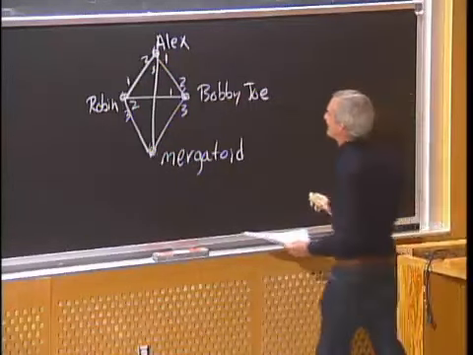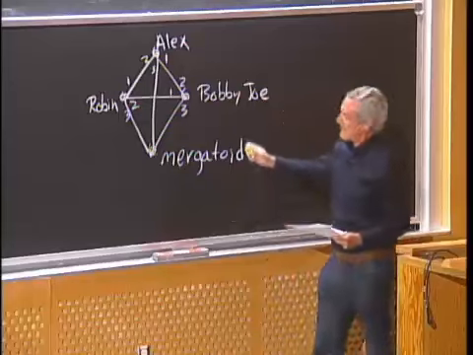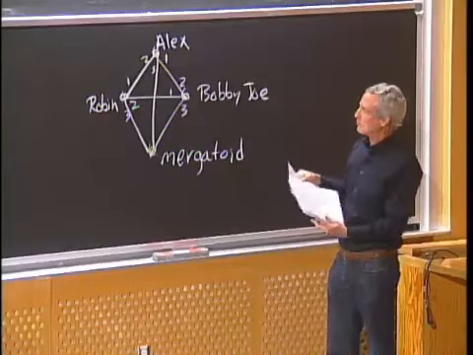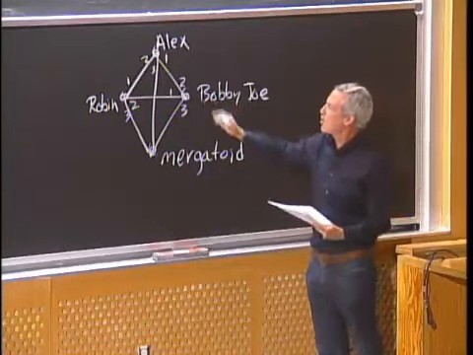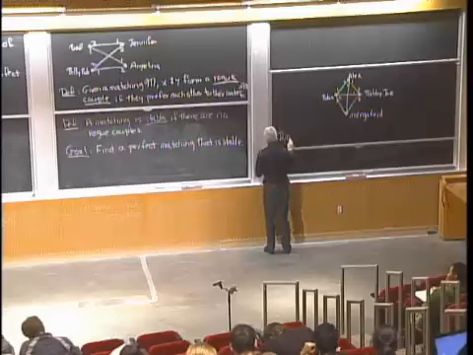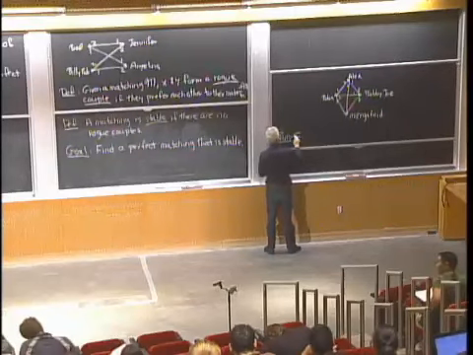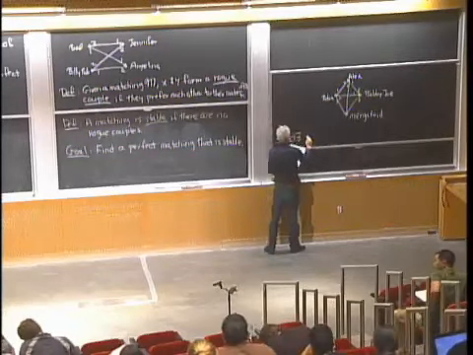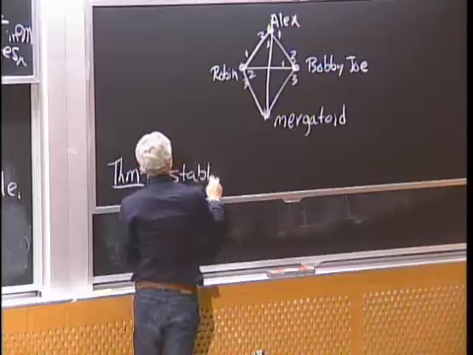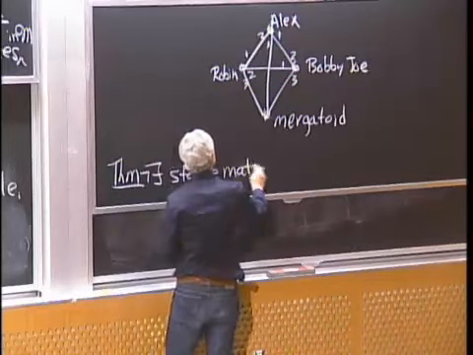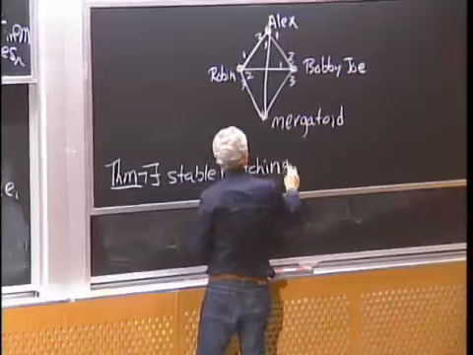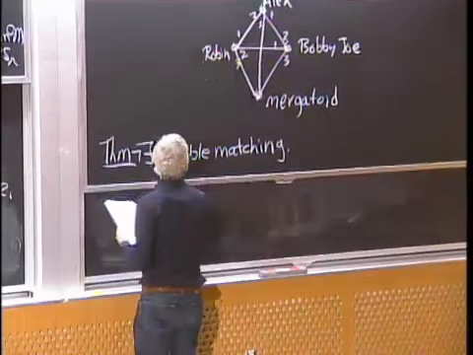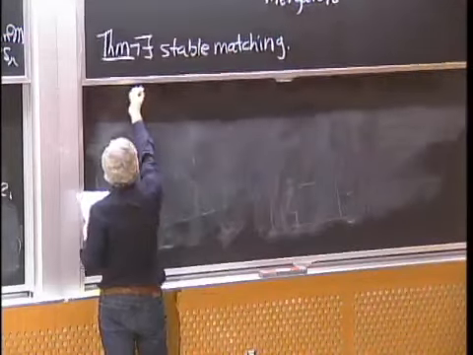I'll get complaints here. All right, so I want to claim and prove a theorem that says there is no stable matching for this group of preferences. So we'll state that as a theorem. There does not exist a stable matching for this graph. The proof is by contradiction. Assume there is one.